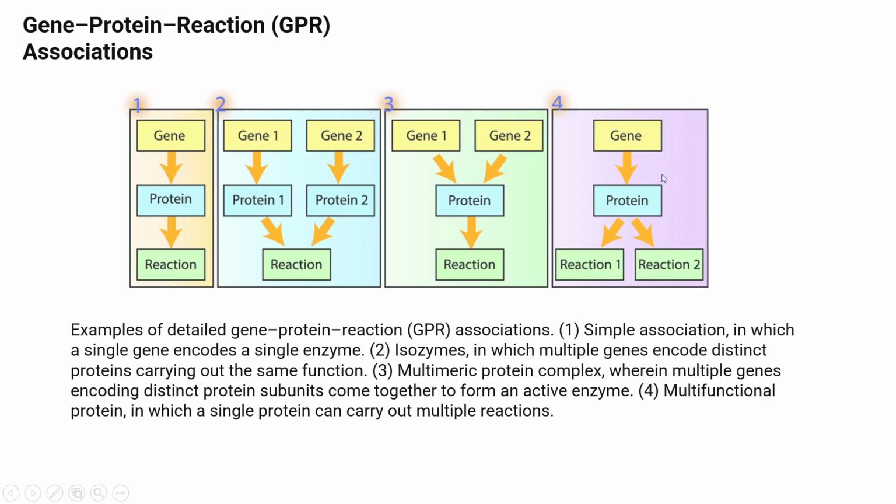Now, another variety is the multifunctional protein, where a single gene encodes a single protein or enzyme, but that protein or enzyme is involved in multiple reactions inside the cell. Most of the enzymes that you see in the cell are of this multifunctional type, because a single enzyme can be shared across different metabolic pathways or, in general, signaling pathways in the cell.